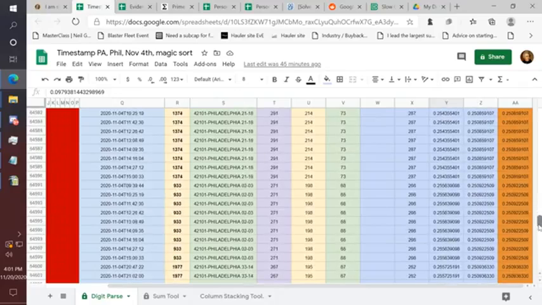It's not until row 63,000 or 65,000 until Trump starts to get a quarter of the votes. We're already 2/3 down the sheet.